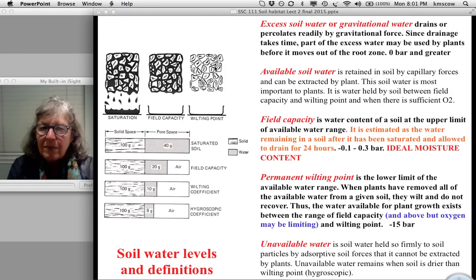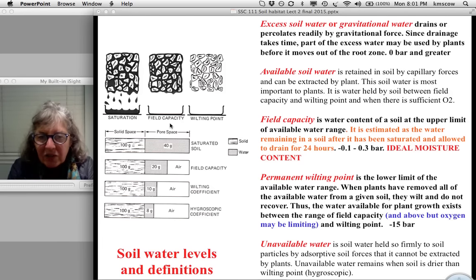Maybe there's some evaporation, and this wilting point is the point at which plants can no longer extract the water present in soil. Microbes, by the way, still can access this water, but this permanent wilting point is from the perspective of plants. The measurement at that point is minus 15 bar.